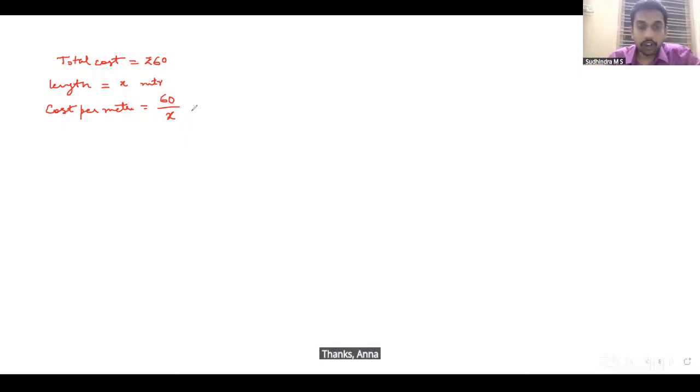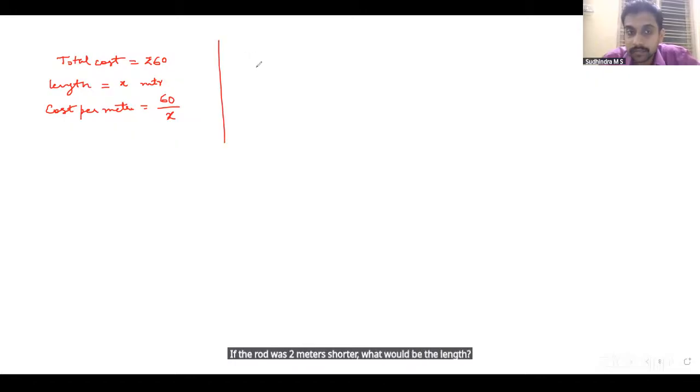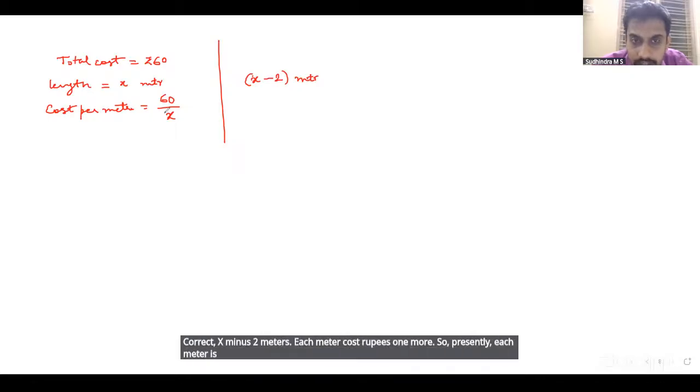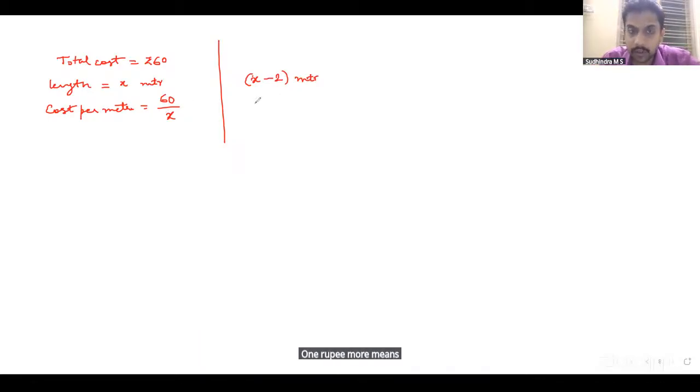So cost per meter is 60 by x. If the rod was 2 meters shorter, what would be the length? x minus 2 meters. Each meter costs rupees 1 more. Presently each meter is costing 60 by x, so 1 rupee more means it will be 60 by x plus 1.